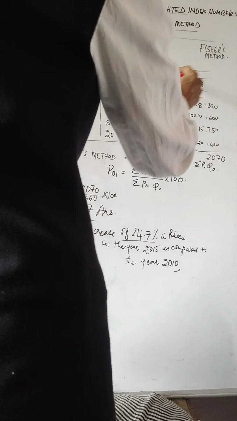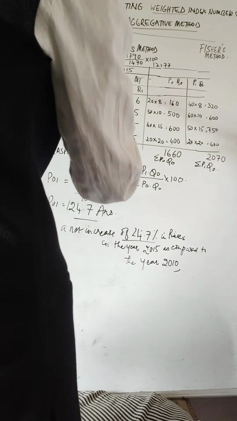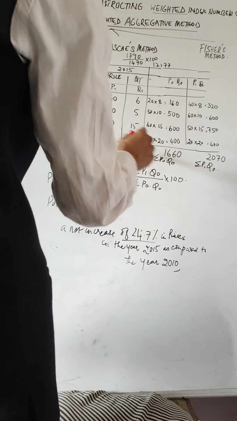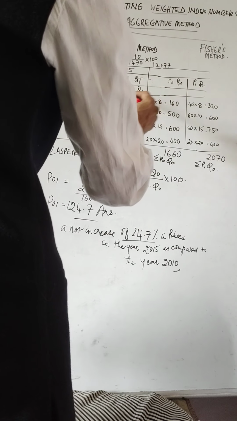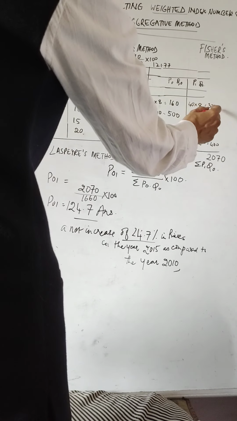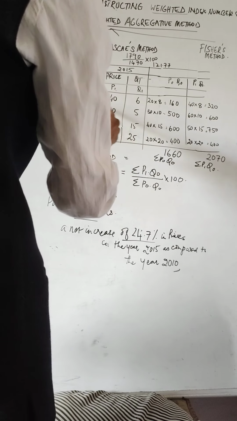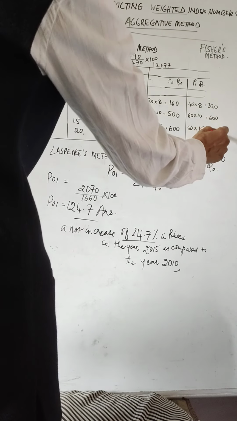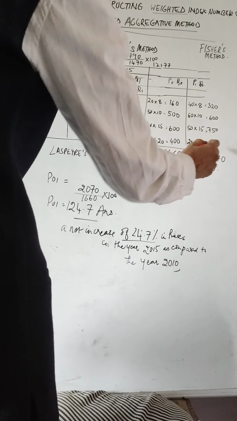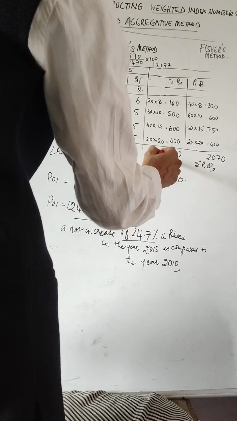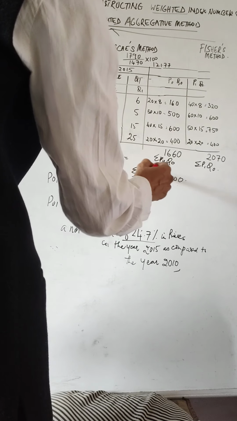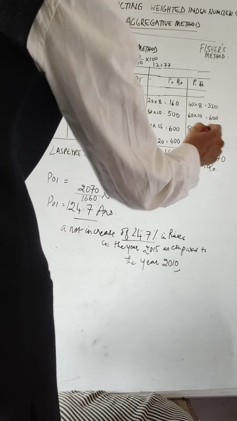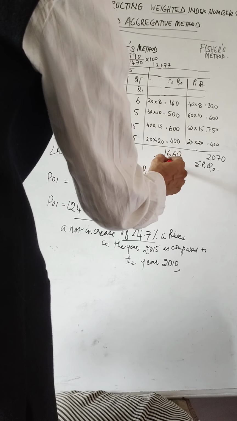Now let's take the current year prices and the base year quantity. So the base year quantities are taken as the weights. 40 into 8 is 320. 60 into 10 is 600, 50 into 15 is 750, 20 into 20 is 400. Now we have to sum up sigma P1 Q0 and sigma P0 Q0.